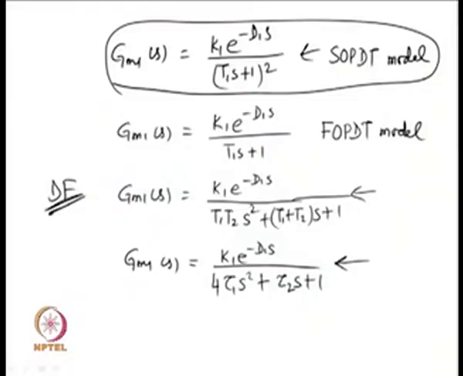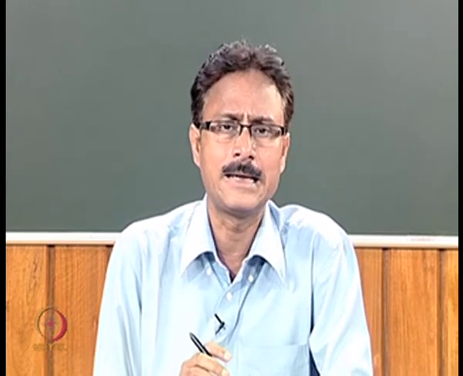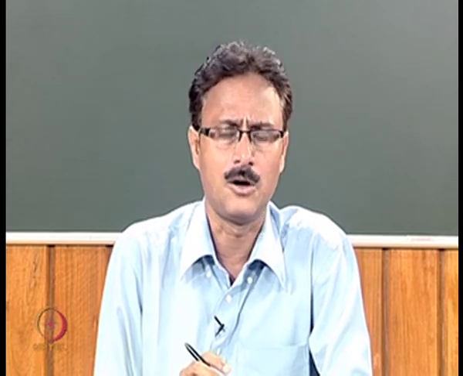In that case, the number of unknowns that can be identified will be limited. So, we are forced to choose a simple transfer function model that has got fewer unknowns.